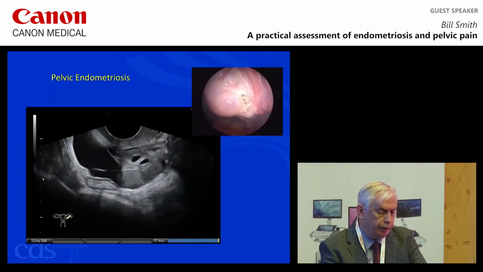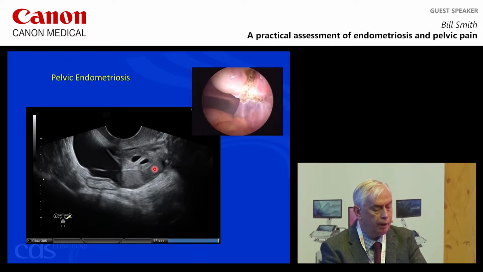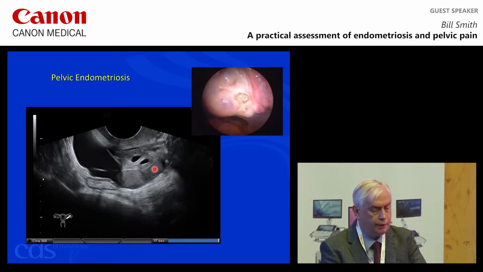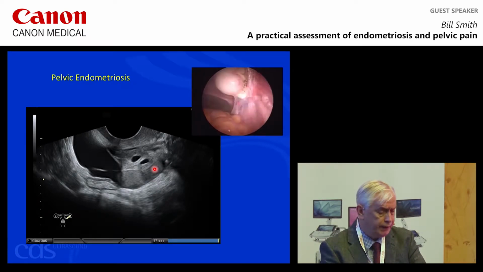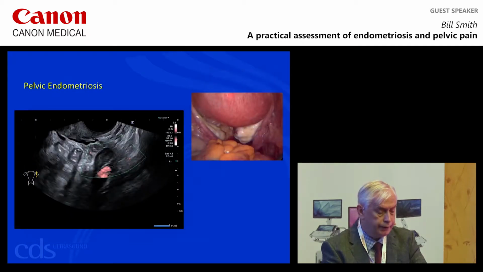Obviously, we associate endometriosis with adhesions, and certainly where we have ovarian lesions, you can see the flimsy adhesions there that we're opening up, then that's a sign of endometriosis and formation of adhesions.